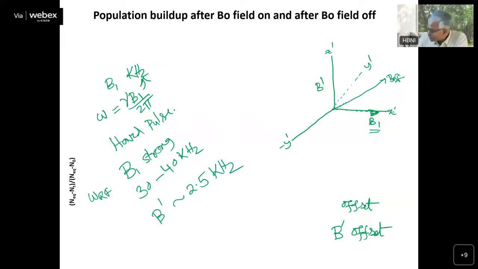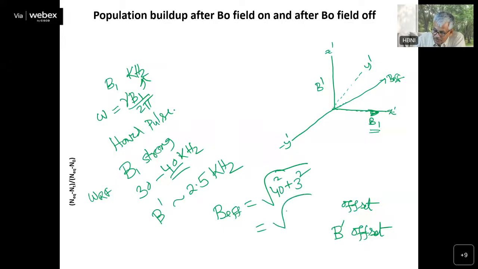Now you can find out what the B effective will be. Let us say you consider 40 kilohertz, so it will be 40 square plus, for simplification, 3 square, which is 1609, and that is very close to 40 squared. Now what will be the tan theta, the angle?